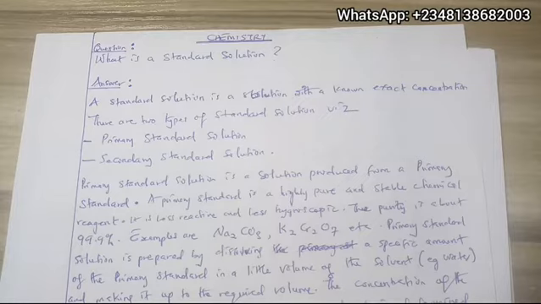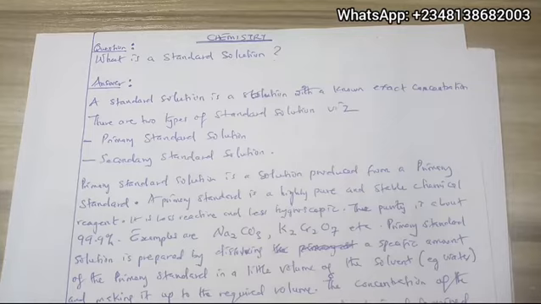And once you do that, you have produced a primary standard solution, because the concentration can be determined by dividing the amount of the primary standard that you used by the entire volume of the solution produced.